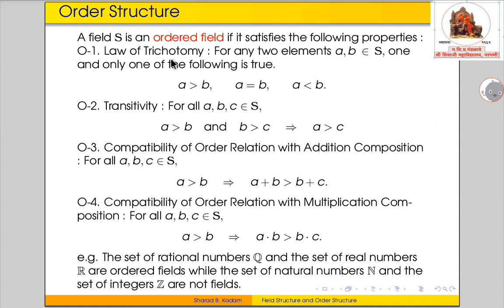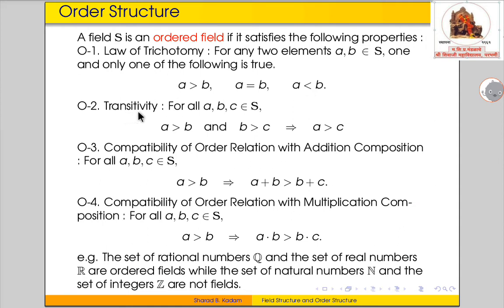So the law of trichotomy means that for any two members from the set S, exactly one of the following holds: either a is greater than b, or a equals b, or a is less than b.